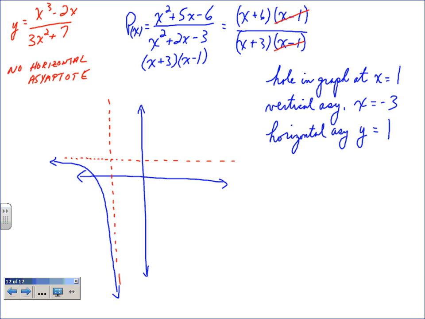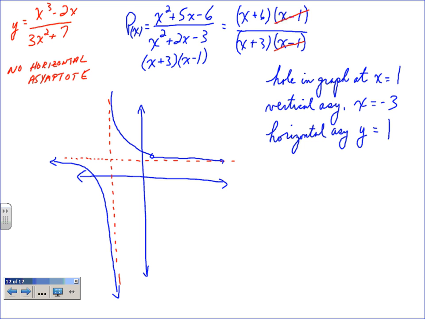And if you look at the right of that vertical asymptote, it comes down like this, but what you don't see on the screen is that when it hits the point where x equals 1, there's a hole, and then it continues on. And even though it doesn't show up on the screen, I know there's a hole at 1 because it reduced to something in the numerator.